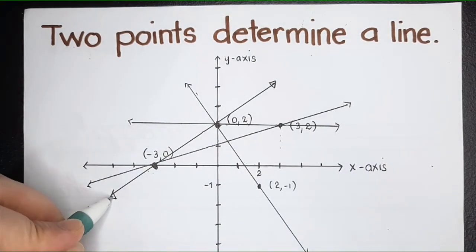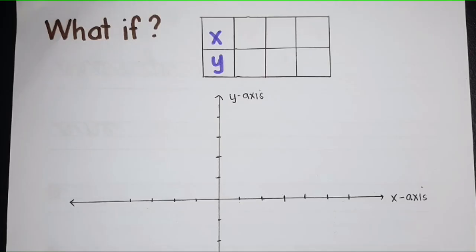Okay? Okay. What if you were asked to give 3 collinear points? Anong ibig sabihin nun? You are going to find 3 points that lie on the same line. Yun yung ibig sabihin nun. So, here, you can easily give 2 points.